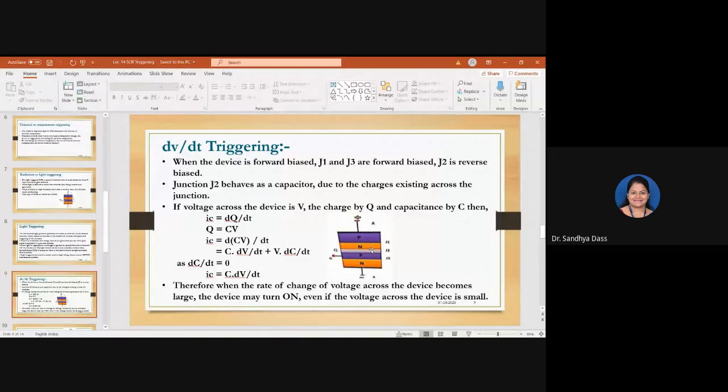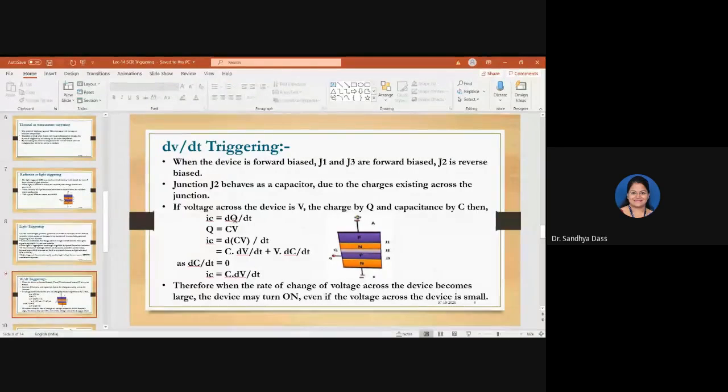Now, if you apply the information about a capacitor here, if we say the charge is represented by Q and the voltage is represented by V, then the capacitance C across this junction J2, if you are taking it as a capacitor... the capacitor current, or the current because of the capacitance, IC, you know the relation here, it is nothing but dq by dt, where q is your charge.